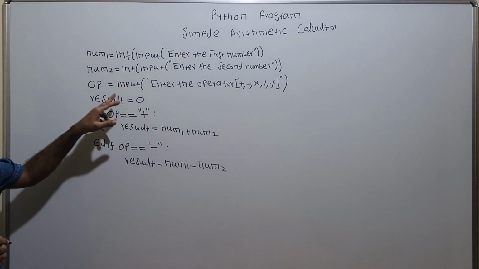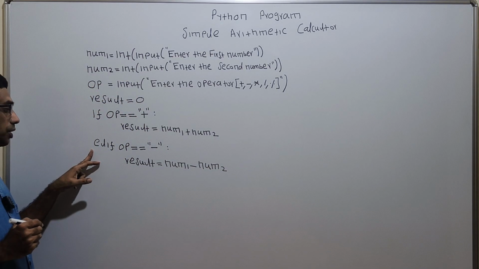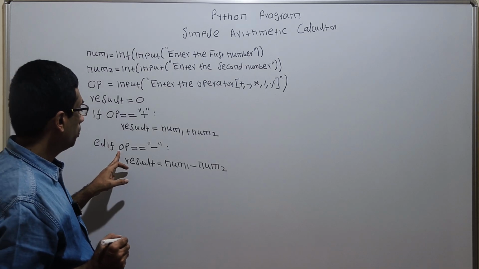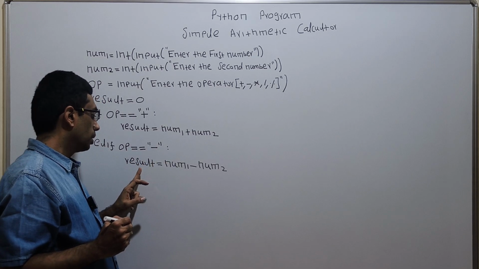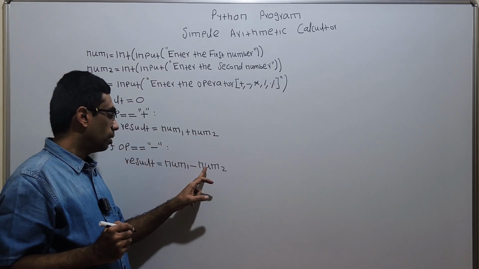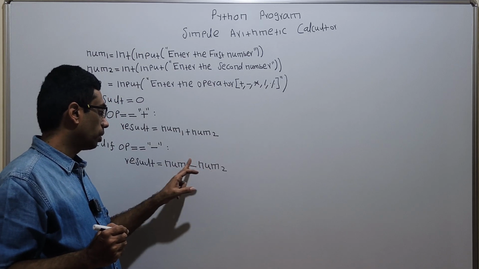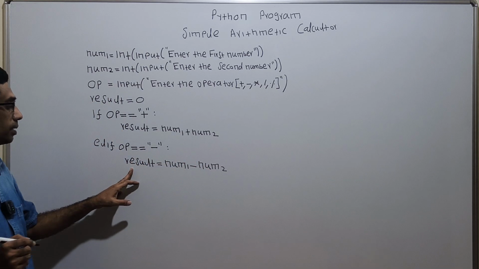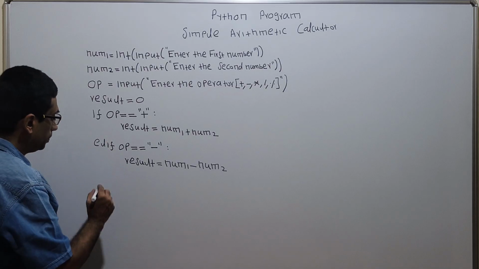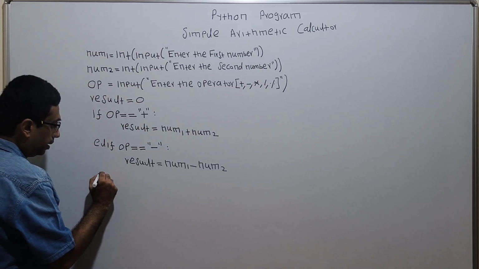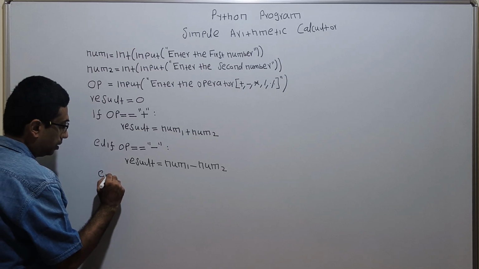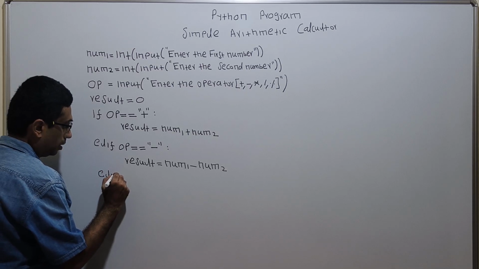If the first condition is false, the control will come to the first elif statement and check the condition if op == '-'. If this is true, I am performing num1 minus num2, subtracting number 2 from number 1 and storing it in the variable result.